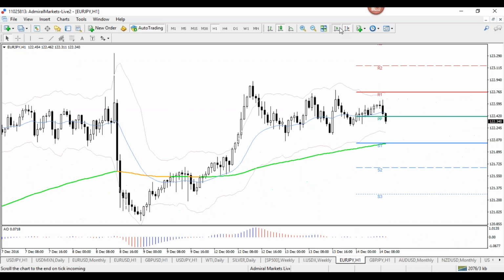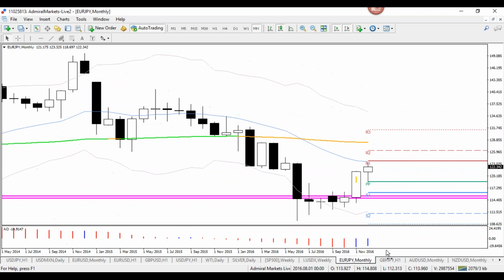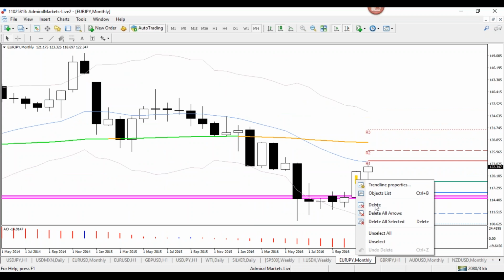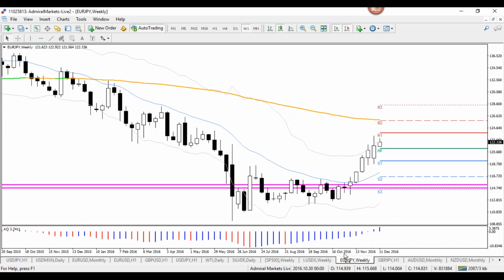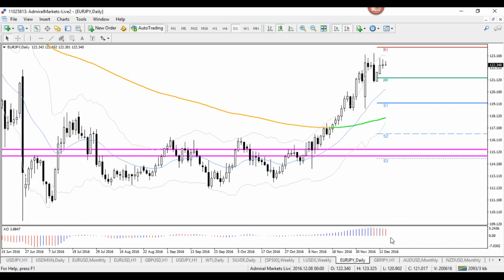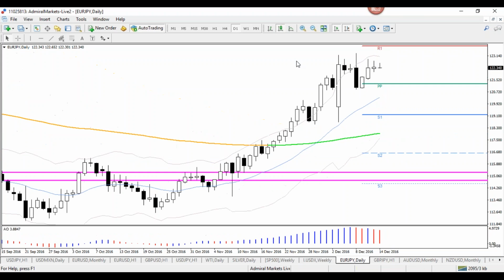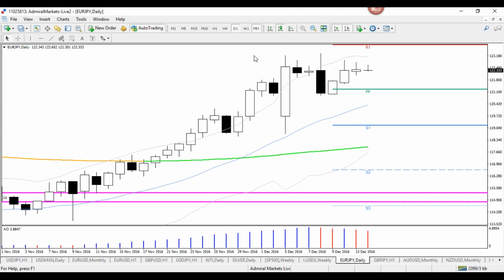So regarding now, on the euro yen, well, bullish candles at least on higher time frames like weekly and monthly.